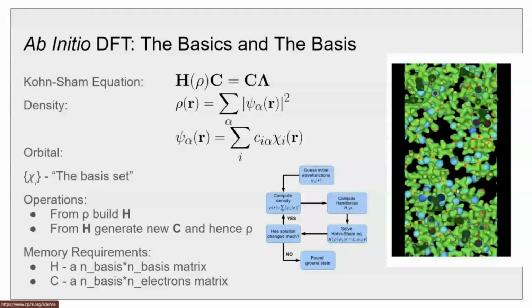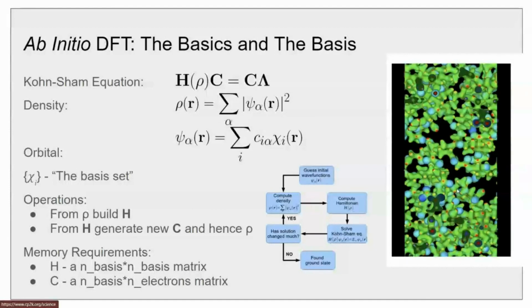And to do that, basically we need to build a Hamiltonian matrix which describes the energy of different parts of the system in terms of basis functions. So to have a numerical implementation, we need to introduce these basis functions.